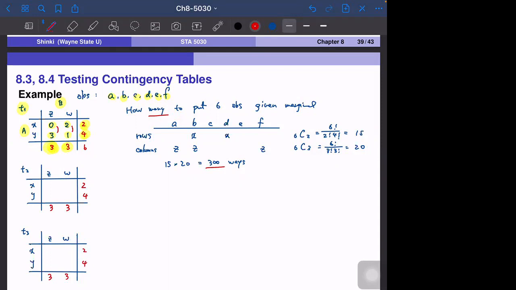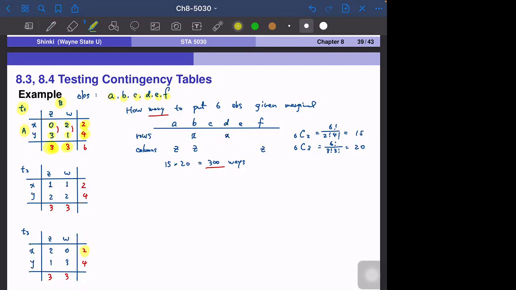And actually there are 3 possible tables, because if you determine the upper left cell, which was 0 in the first table, and if we put 1 in this table, automatically the other numbers are determined because the marginals are given. And if the upper left is 2, then this is 1, 0, and this is 3. The count cannot exceed 2 because the row total for x is 2. So we only have the 3 tables.